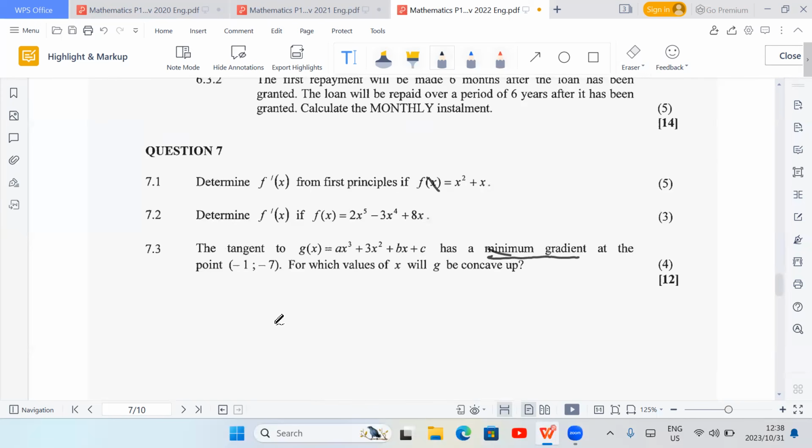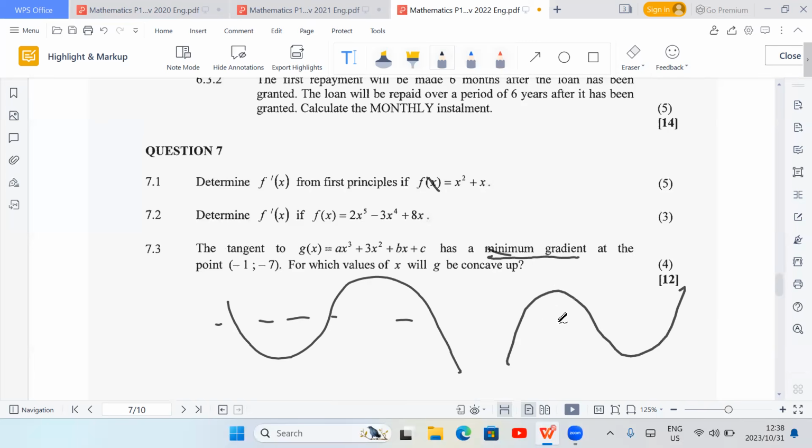I said if you have a graph like this, and you try to draw the parabola here, which is the gradient equation, then it will look like this, right? So intercepts going like this here.